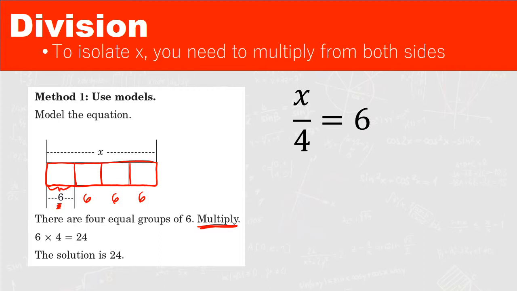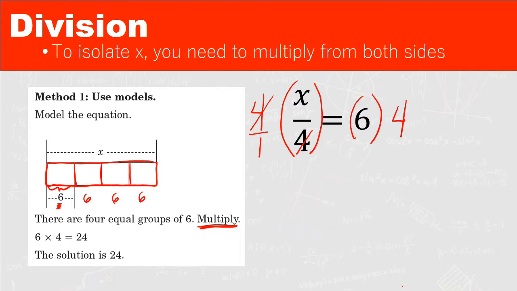So the way this looks in our equation, we're going to use parentheses, and we're going to multiply both sides by 4. Okay, so what we have now, when we rewrite this as 4 over 1, we can cross simplify.